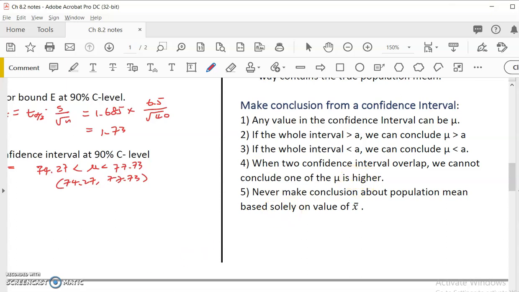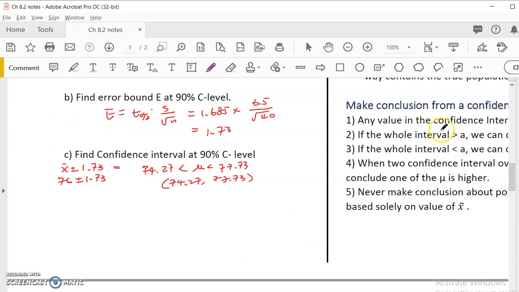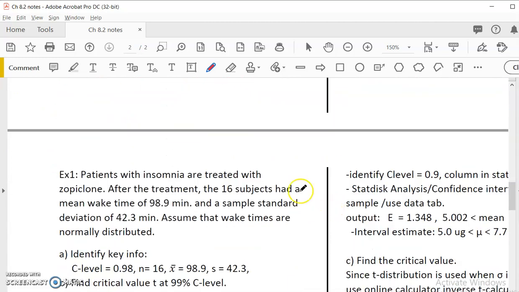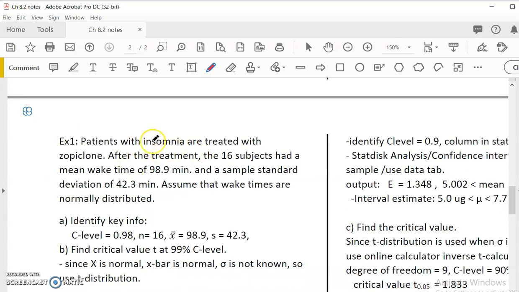Okay, let's go to the next page, which is to do an example. So in this example, patients with insomnia are treated with zopiclone.